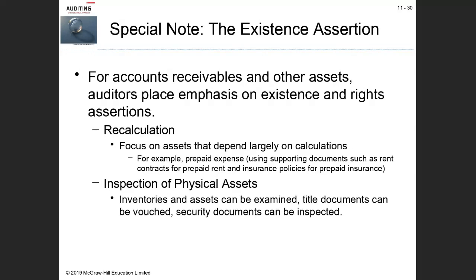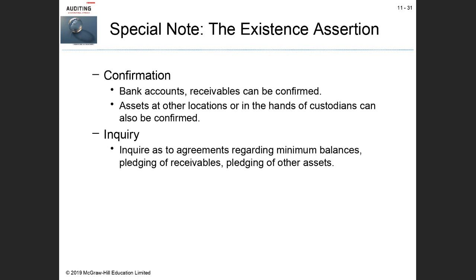The deed. Is the deed in the name of the company or not? Who actually owns the building? Do we own the building? If we can physically see it, hopefully so, but maybe there's a problem with title on the physical asset where the company doesn't have the right to the building, or someone else holds a mortgage on the building. So recalculation of amounts, physical inspection of assets.